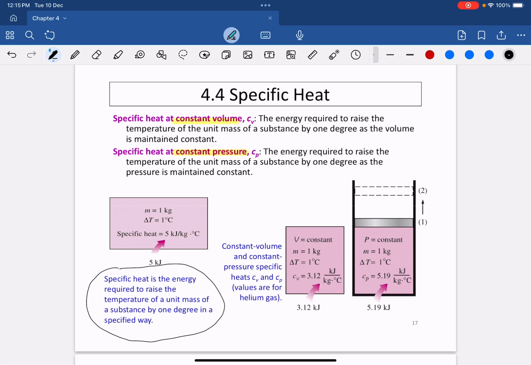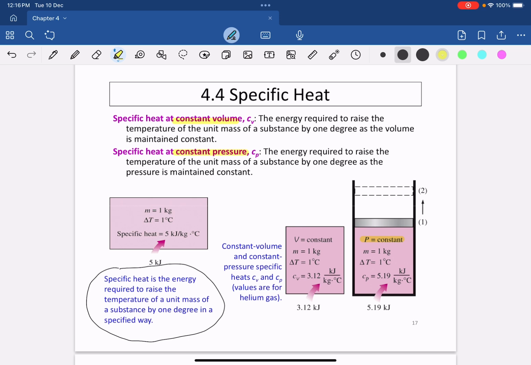If the substance is in a rigid system where the volume is kept constant, the specific heat is somewhat lower than the energy required to increase the temperature of the same substance, with the same mass and the same temperature difference, in a different system where the volume is changing to maintain the pressure.